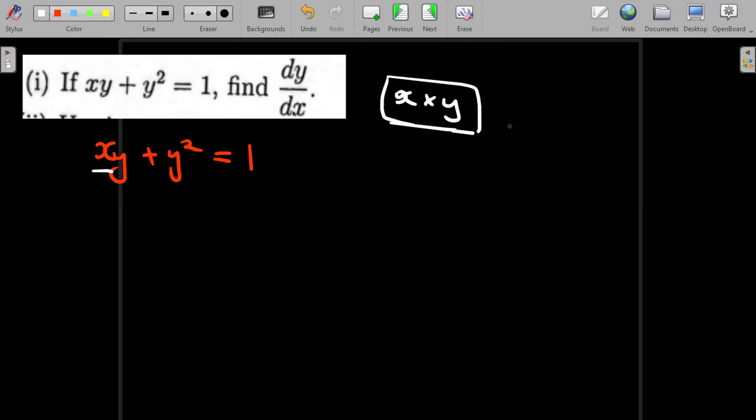And the product rule, here what I do when using the product rule, I must differentiate the first part. So if we have two functions, let's say we have u and what? U and v, and they're both differentiable, you differentiate the first part and keep the second part the same. Then you add, then you differentiate the second part and keep the first part the same, like this. So this is your product rule. So let's do that.